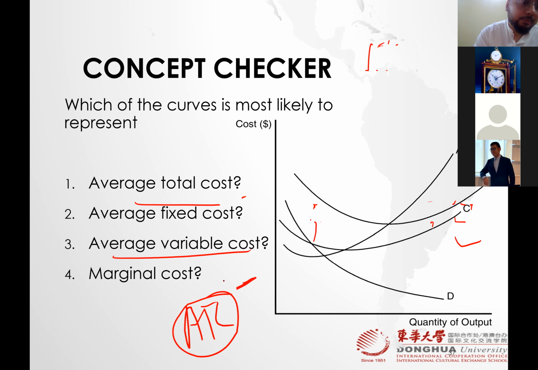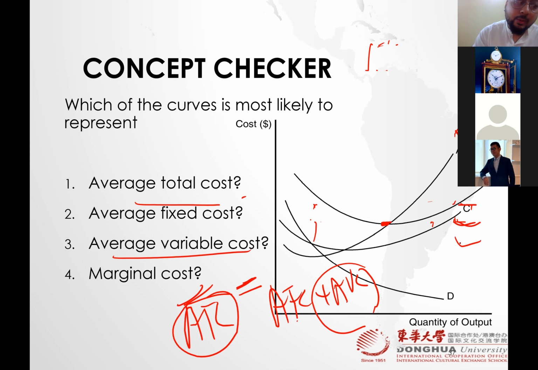Only the MC crosses the average total cost at its minimum. There is a reason behind it. Average total cost is the sum of average fixed cost plus average variable cost. So average variable cost is always under average total cost. So C cannot be the average total cost. It will be average variable cost.